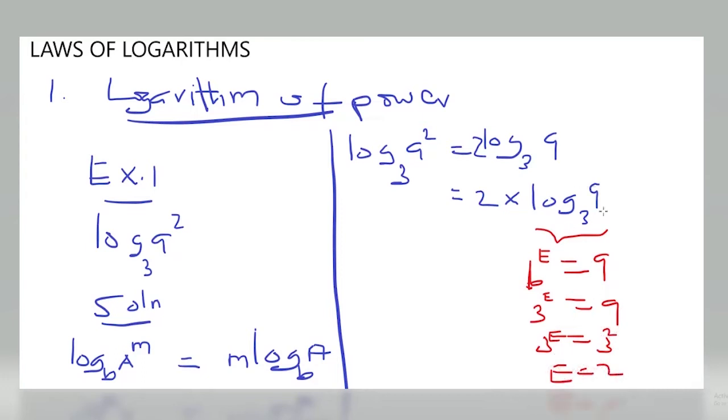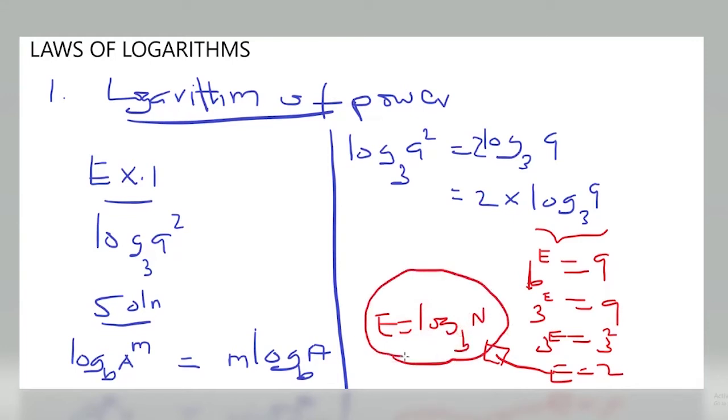The whole value is equal to 2, because if you remember, the general formula says the exponent is always equal to the logarithm of a number to base, which I already taught you in the previous sessions.